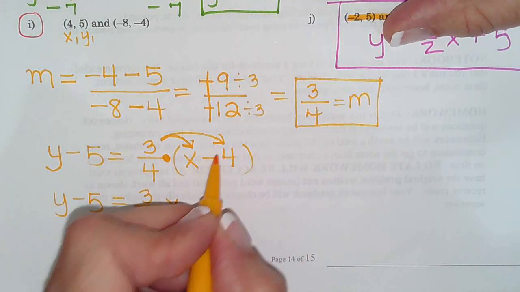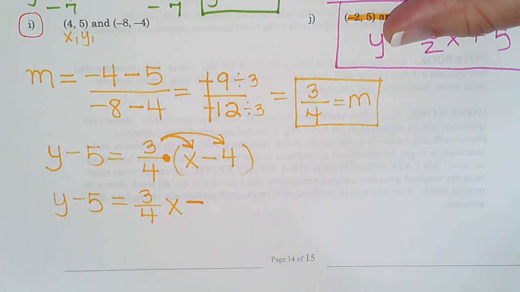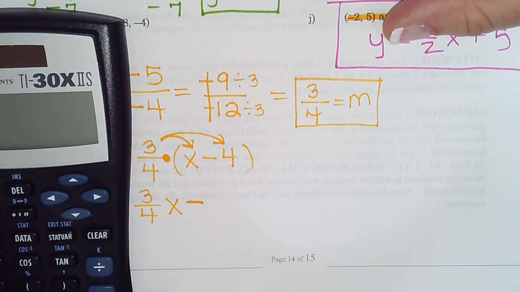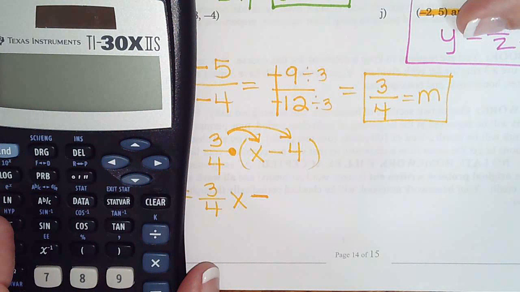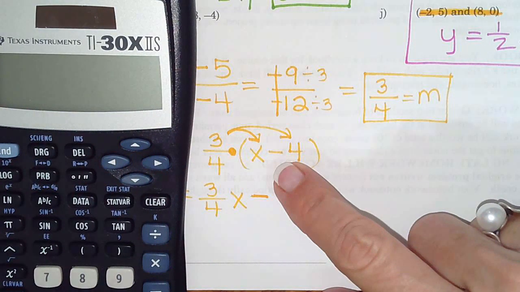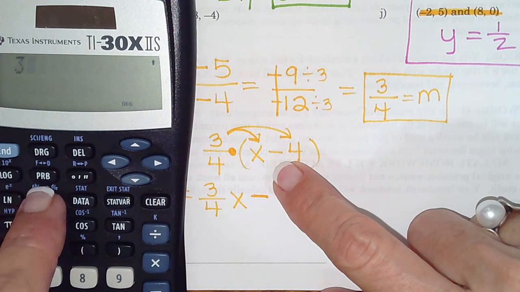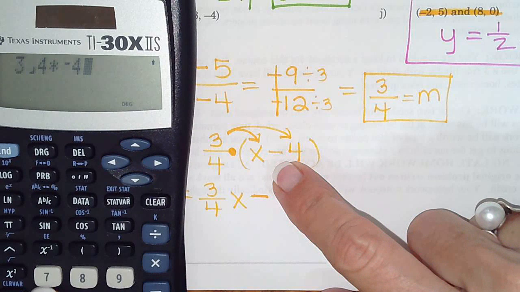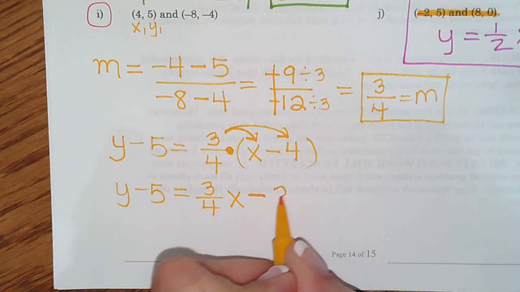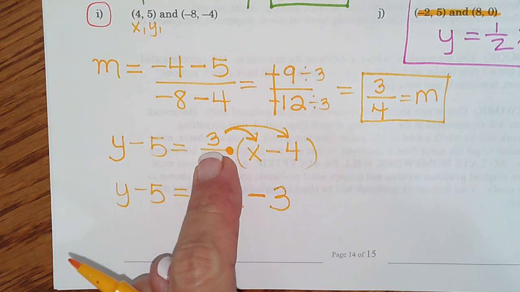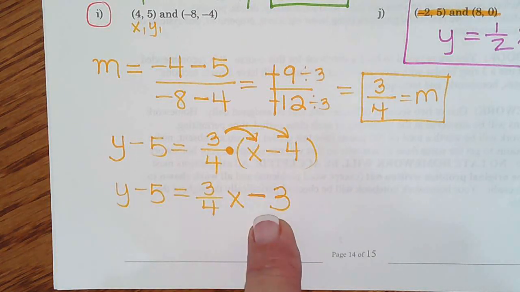A positive times a negative is negative. So let's do 3/4 times negative 4. So 3 fraction bar 4 times negative 4 is negative 3.